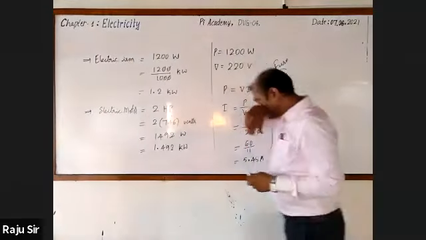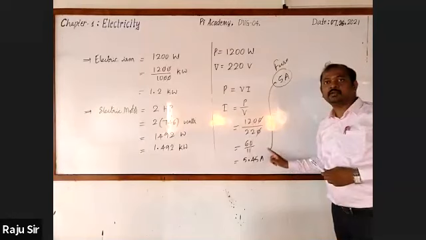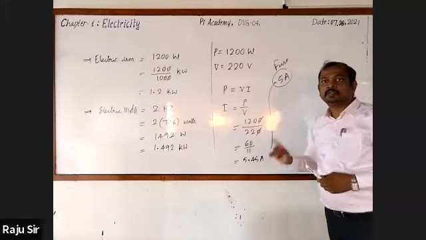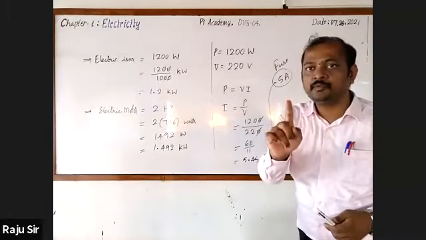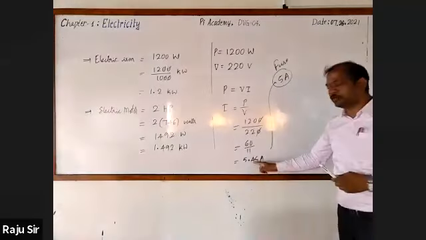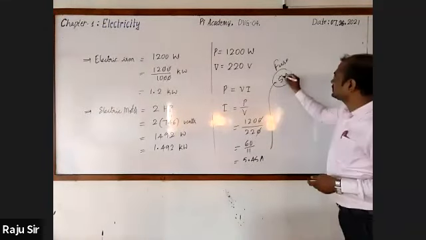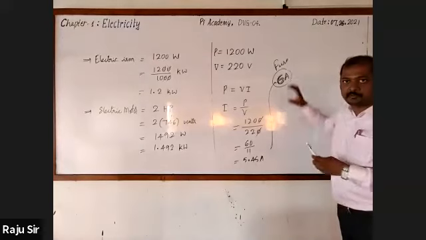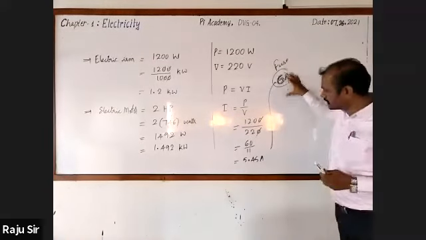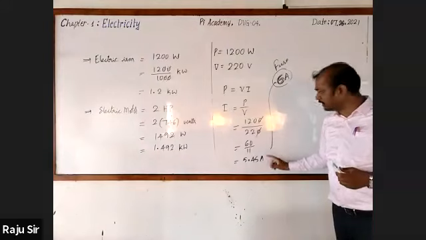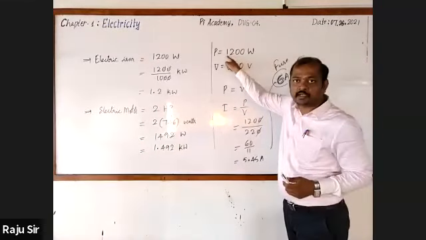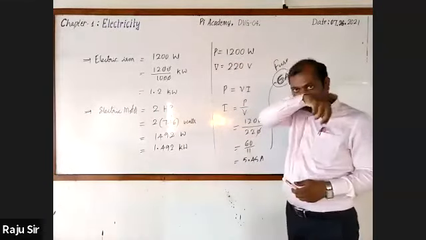Got it? So the rating of the fuse should be more than 5 amps. I take this as 6 amp. Now we can connect a fuse of 6 amp rating, and then this electrical component will work.